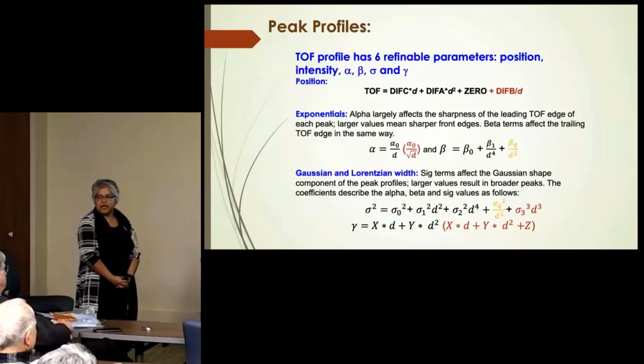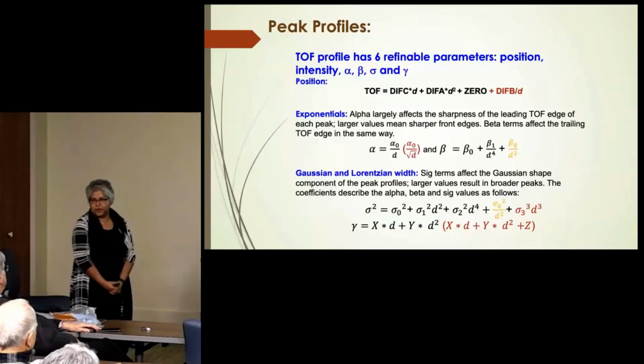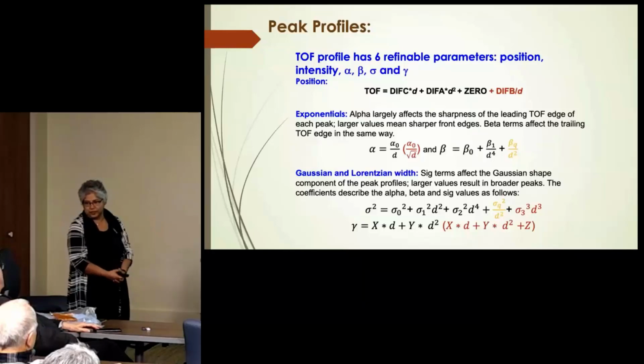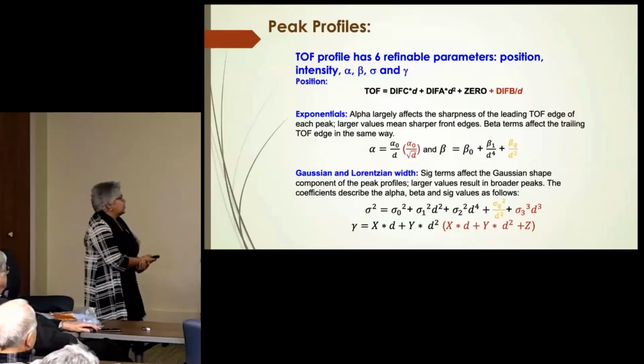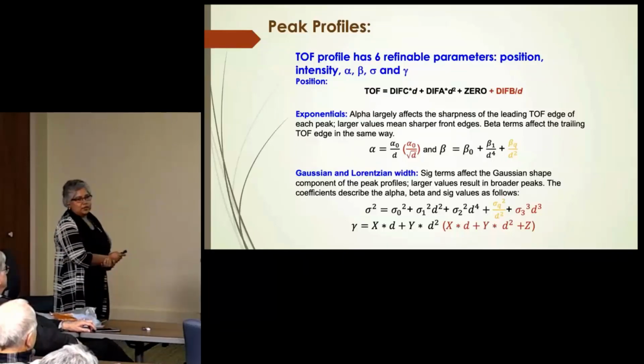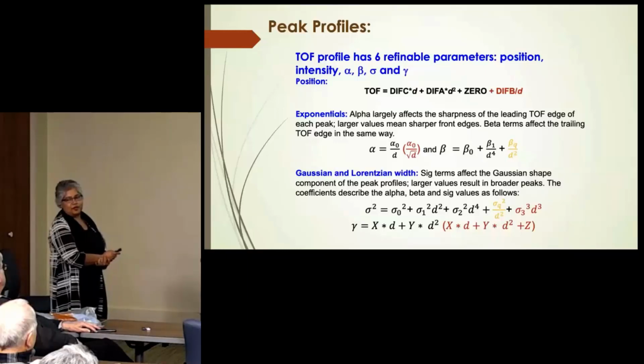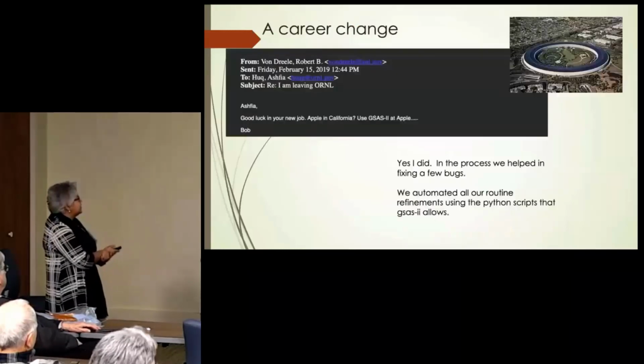And if I remember this right, and Bob can correct me, he mentioned that even the other diffractometer data fit better with the additional parameters. So yes, this was a really big project that allowed my users to use this unique diffractometer for analyzing the powder diffraction data.